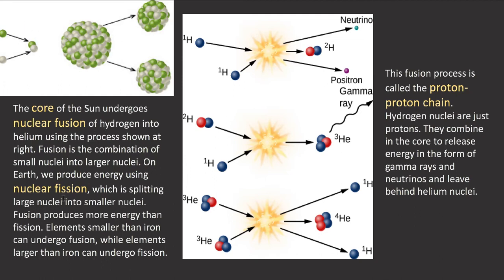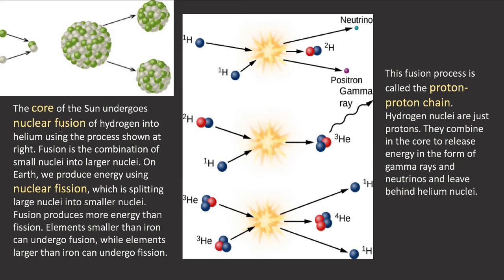Both of these processes release a tremendous amount of energy. For fusion, you can fuse elements that are smaller than iron, and for fission, you can split elements that are bigger than iron. So you can't fission hydrogen or helium, but you can fuse them. The sun is made of hydrogen, so it works on the process of fusion.